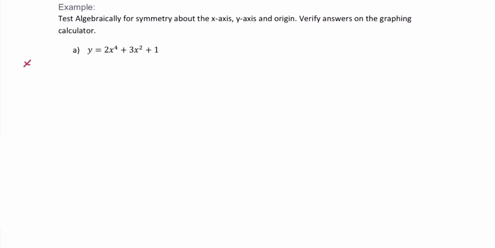To test the x-axis, we replace y with negative y. So negative y equals 2x to the fourth plus 3x squared plus 1. We will multiply both sides by -1.